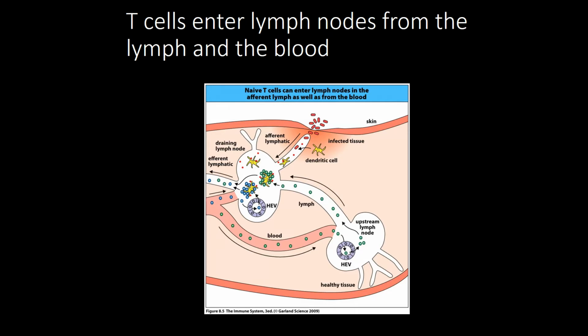So again, an antigen-presenting cell, such as a dendritic cell, will pick up the antigen, carry it to the lymph node, where it holds it while naive T cells wander through, and if they happen to recognize that, then they will become activated, expand and differentiate to an effector cell, and that effector cell can now leave that lymph node, go into circulation, and enter back into, say, the infected tissue or whatever.